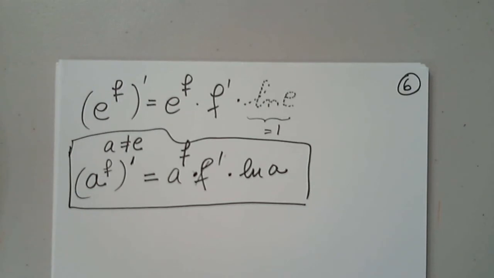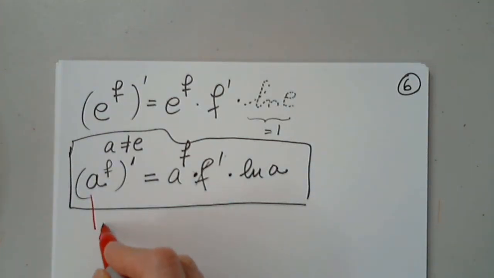So let's go back. Yes? So for a to the power of f, why can't we just do it like the normal differentiation way, like making it f times a to the power of f minus 1? Ah, very good question.